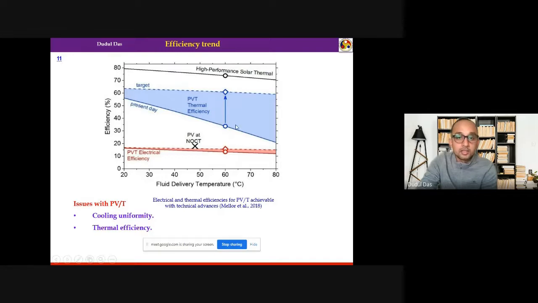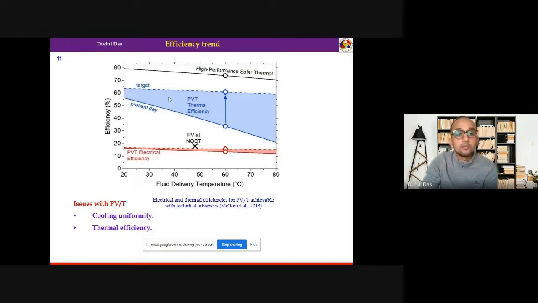That means this much efficiency has to be improved. That is where the scientists are targeting. Present day PVTs have an efficiency that falls below 60, but the thermal collectors at present are very efficient, almost crossing 60.